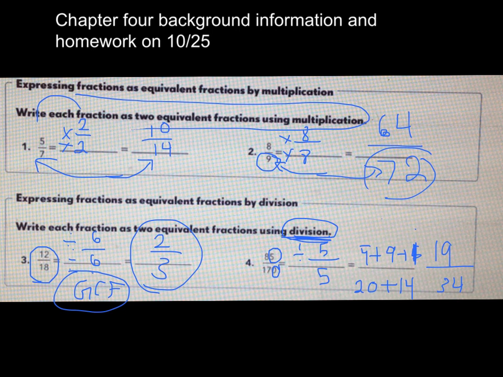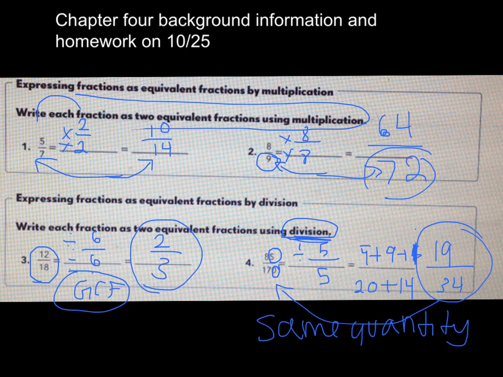So then we have 19 over 34, and again, these are equivalent, but they are not the same, but they represent the same quantity. However, this represents the same size whole that's cut into 34 pieces, and we have 19 of them. And this is the same size whole, but it's cut up into 170 pieces, and we have 85 of those pieces.